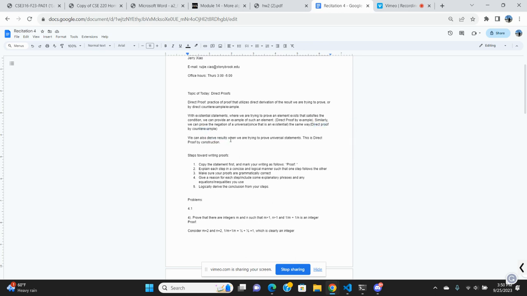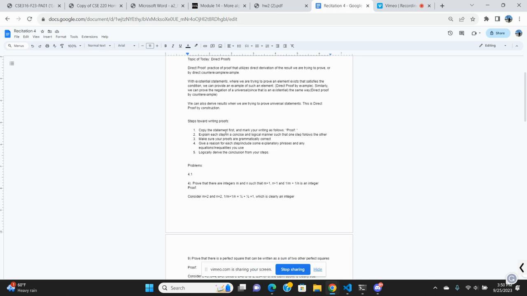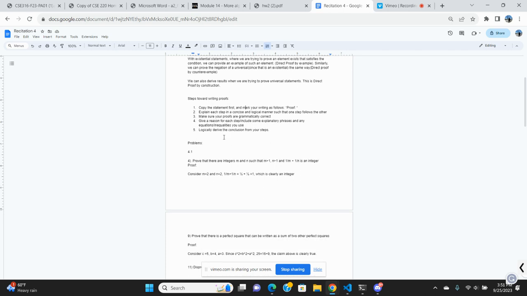And if we're trying to prove a universal statement, we have to construct a derivation of the statement directly into what we're trying to prove, because you have to make sure that it is general enough to cover all elements of a set. By constructing something that applies generally for all elements of the set, that's how you prove a universal.